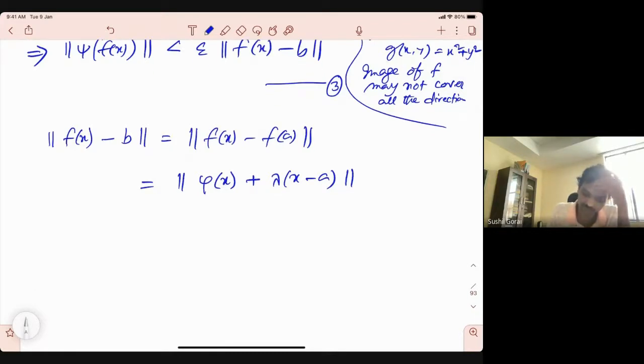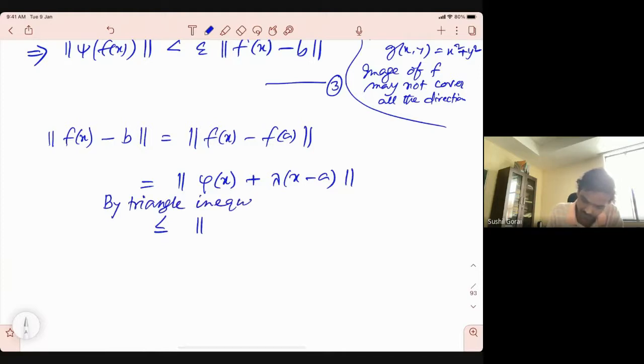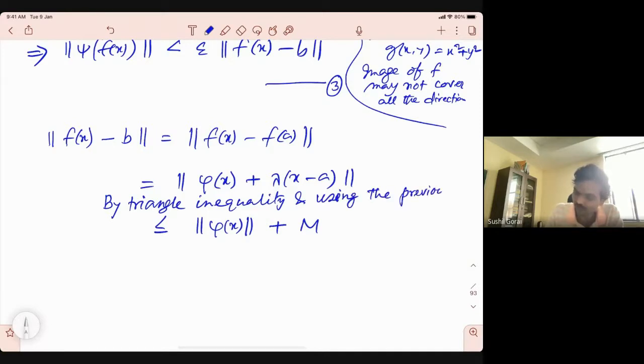Now this is less or equal to, by triangle inequality, norm of phi x plus, and using the previous exercise, we get some m tilde norm of x minus a, right?